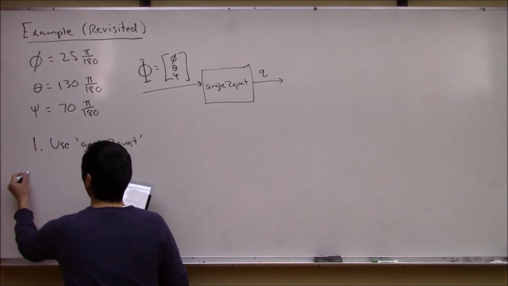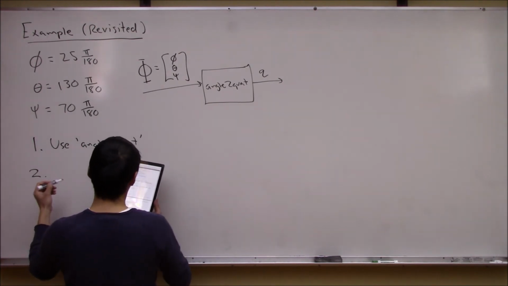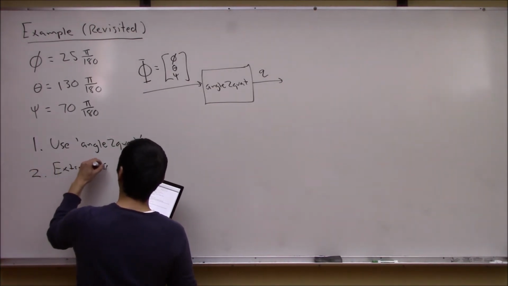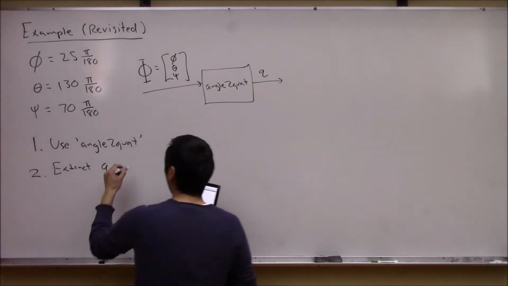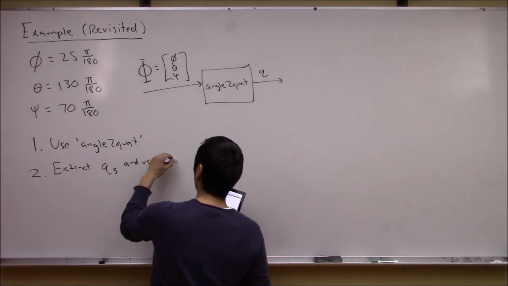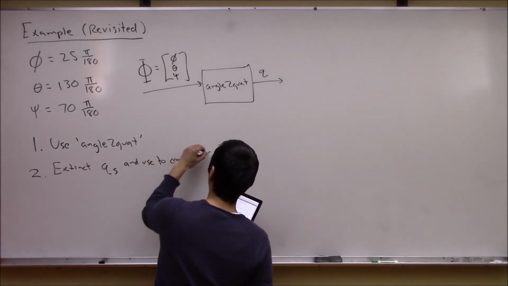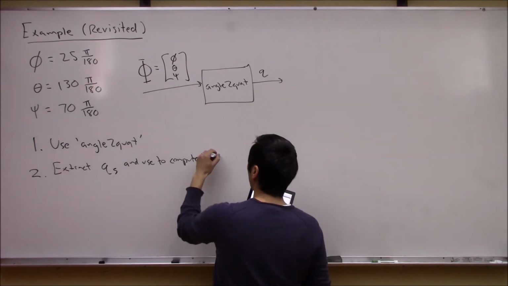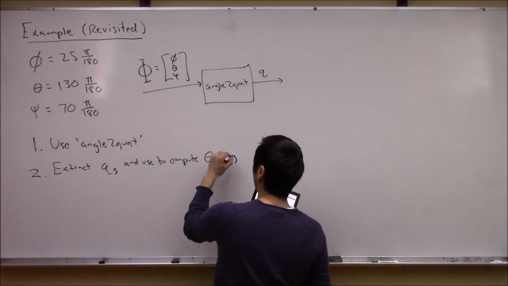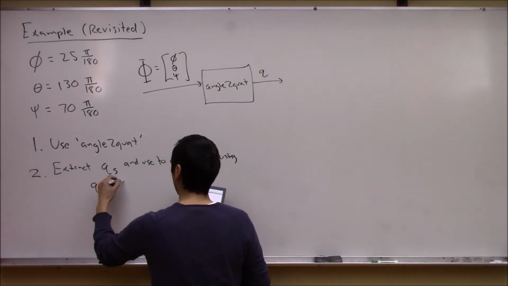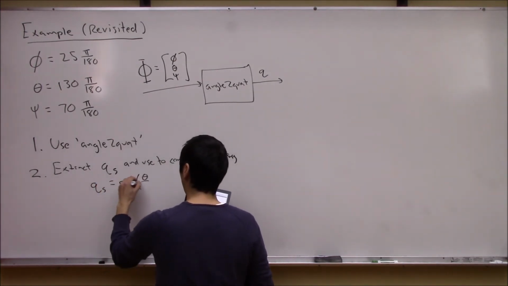So the second thing we can do is go ahead and extract QS, which is the scalar component, and use it to compute the translational/rotational angle using the definition. The definition we said was that the scalar component is going to be cosine of that angle over 2.